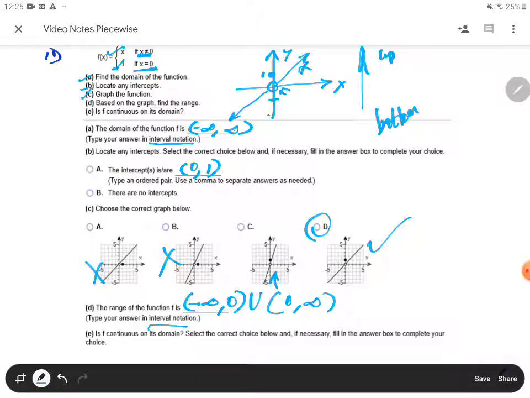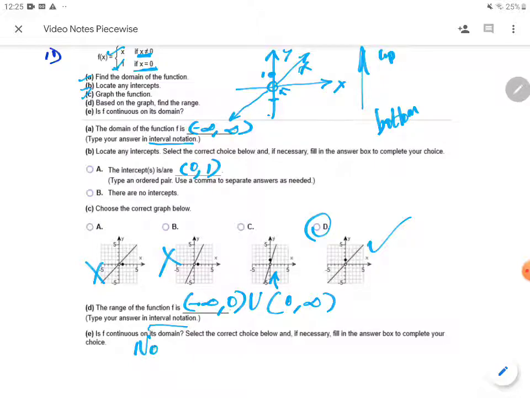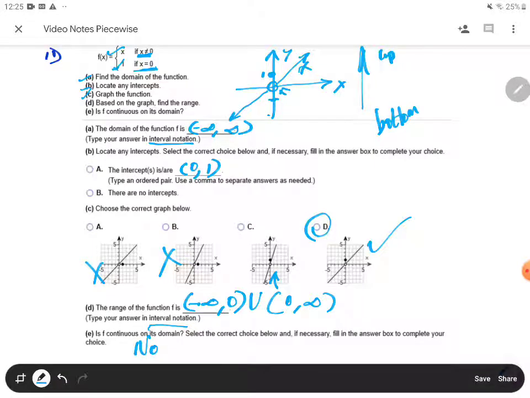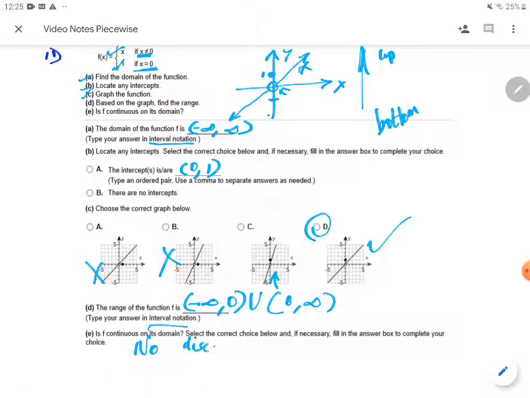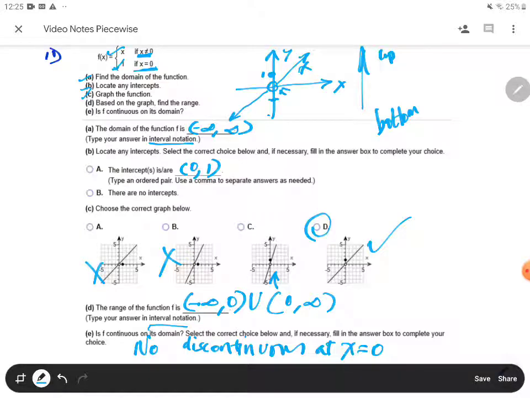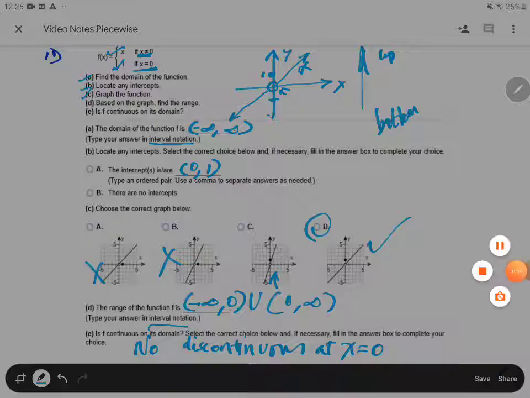So we cannot say it is continuous. It's definitely a no. It's discontinuous at x equal to 0. Okay, so that's the next question. Let's move on to another question.